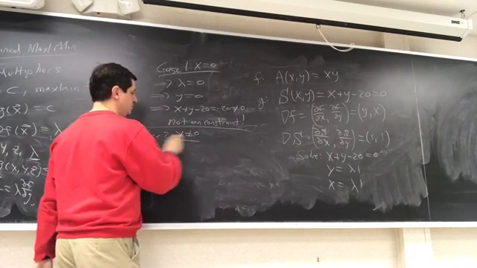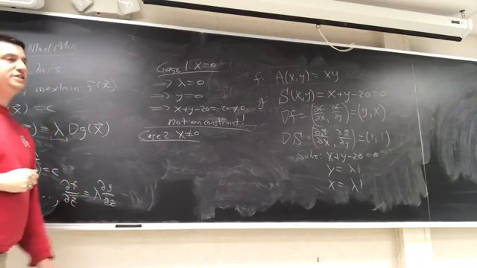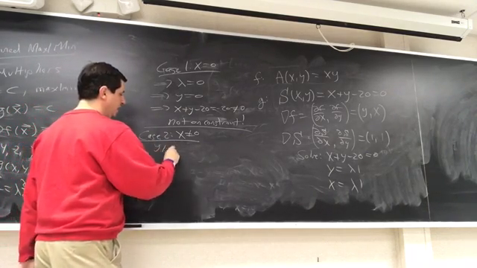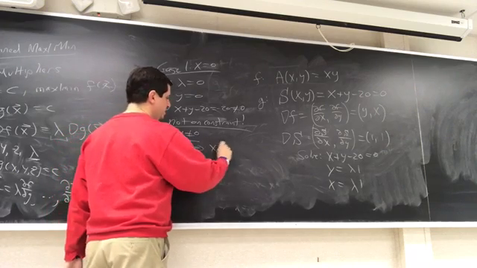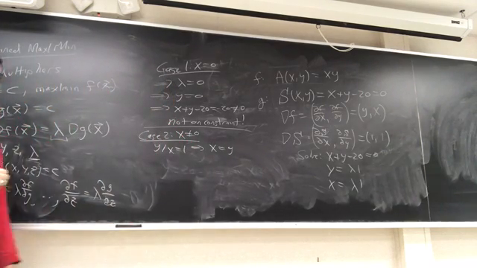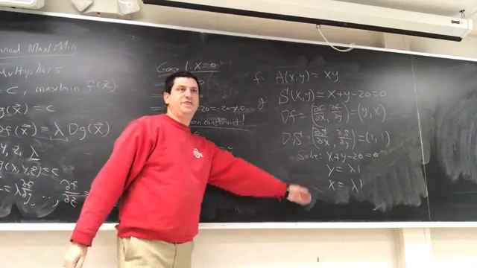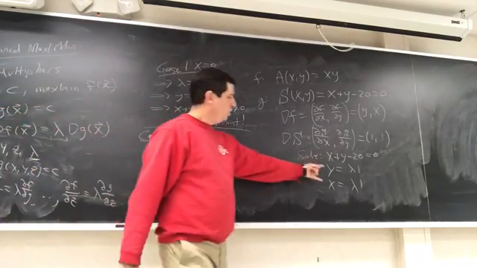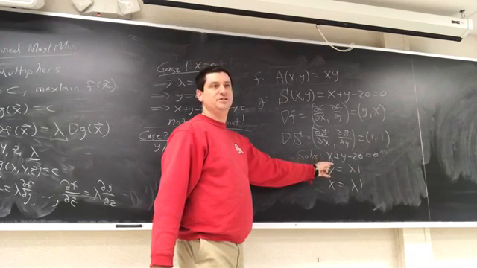X does not equal 0. So if x is not 0, lambda is not 0. So now I get y over x equals 1, so x equals y. I have 3 equations and 3 unknowns. I have to use all of them. I've used these 2. Which is the one equation I haven't used? The first one.